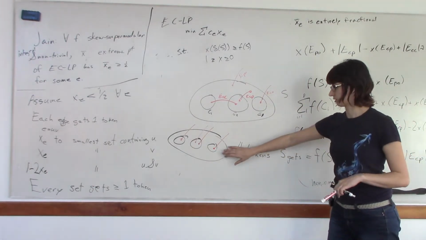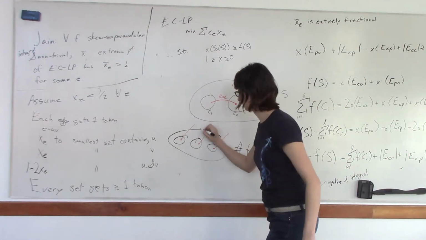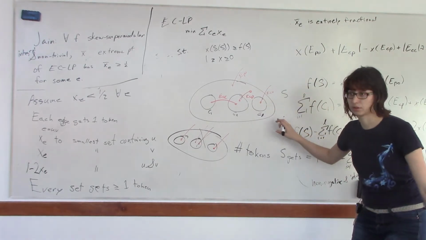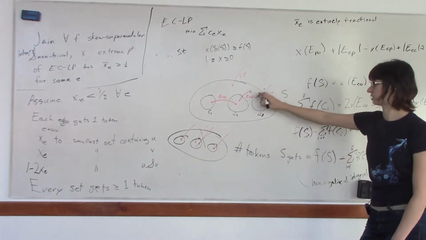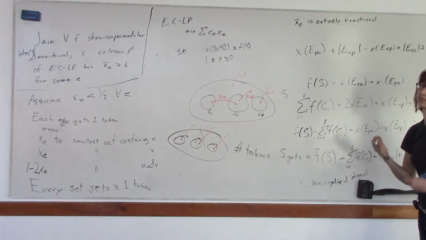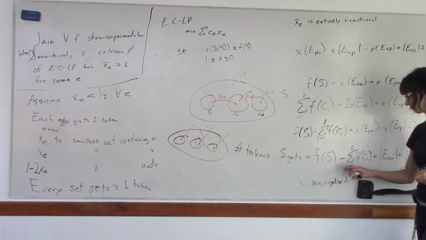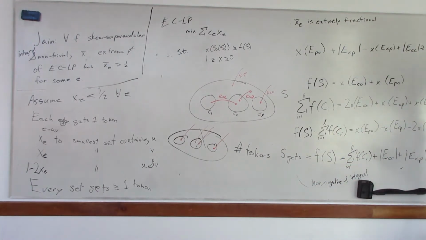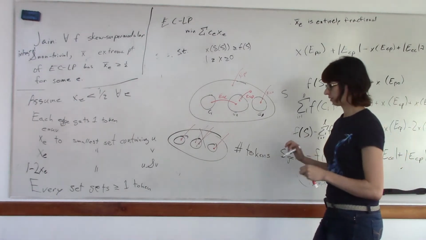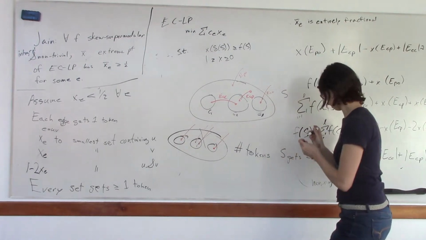And since this can't happen, and this needs to get satisfied, then it has to be the case that we got something. And since we got something, we know that this is positive. Since it's positive and integral, everybody got at least 1 token.